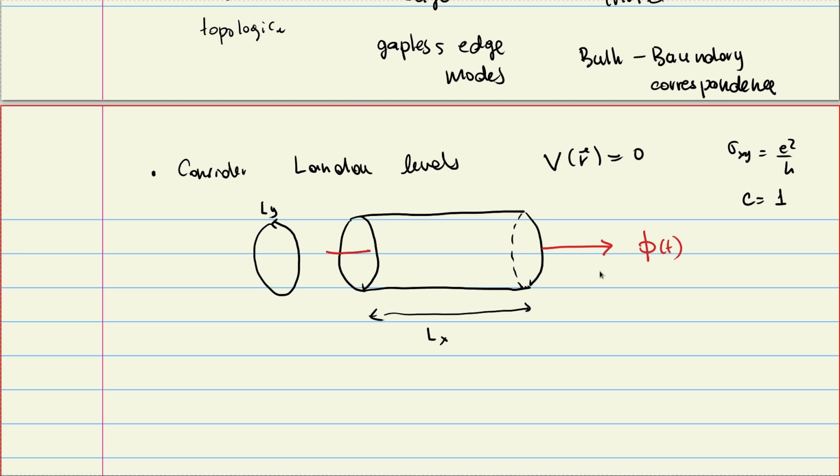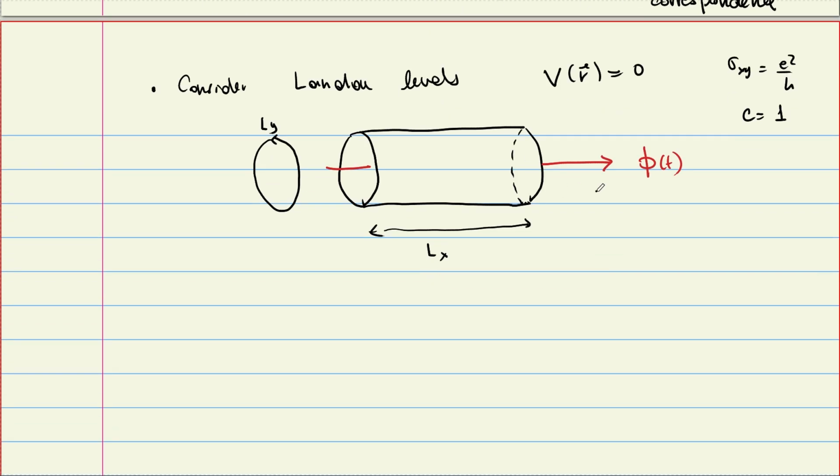And we slowly, or adiabatically, increase the flux phi(t) from 0 to one flux quantum, hc over e.